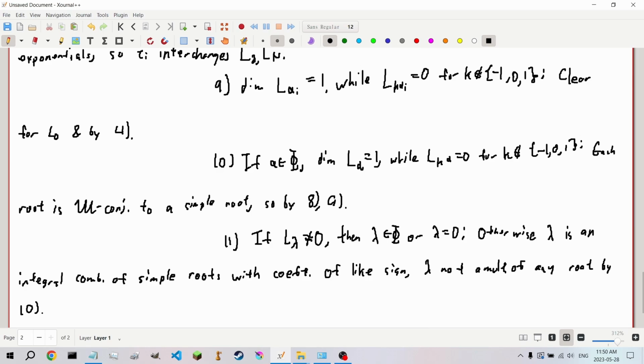By an exercise we're not going to do in this video series, some Weyl conjugate sigma of lambda has a strictly positive and a strictly negative coefficient.